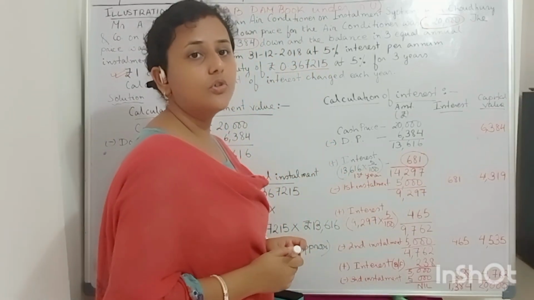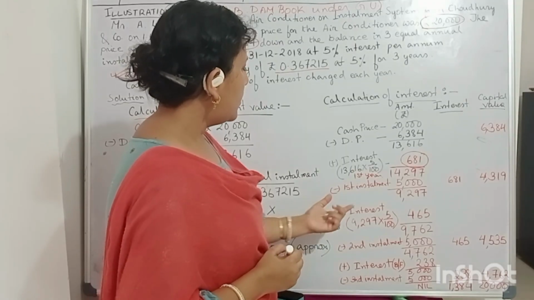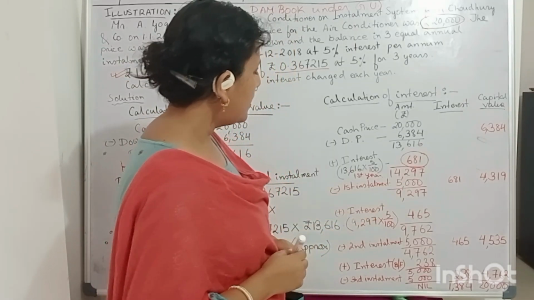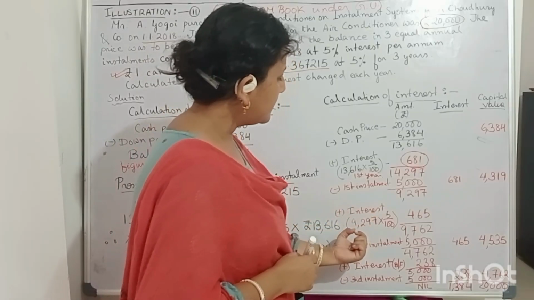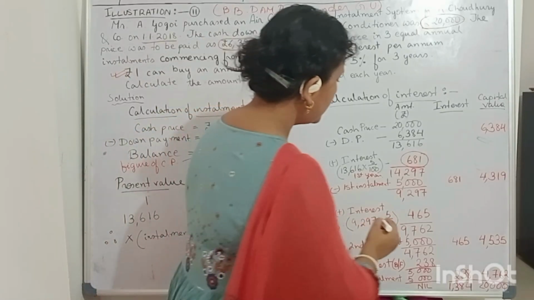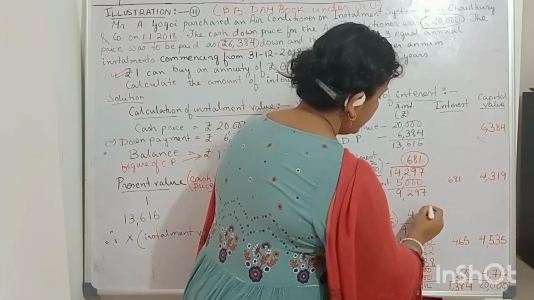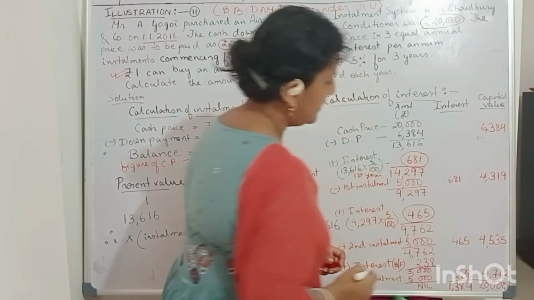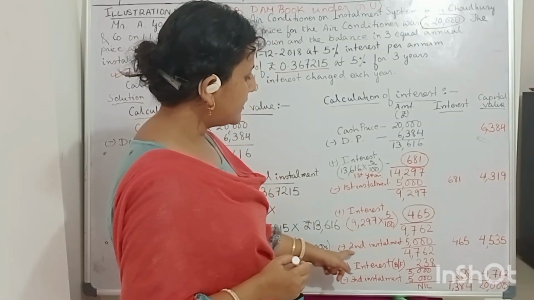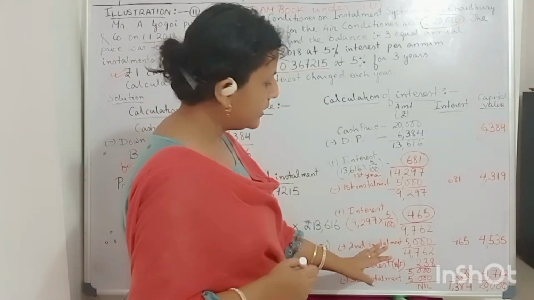Interest, amount of interest. Now less first installment, which is 5,000, to get this figure, then again add interest. So on this 5%, 465 is the second year's interest. So you get this figure, less second installment, you have to deduct.